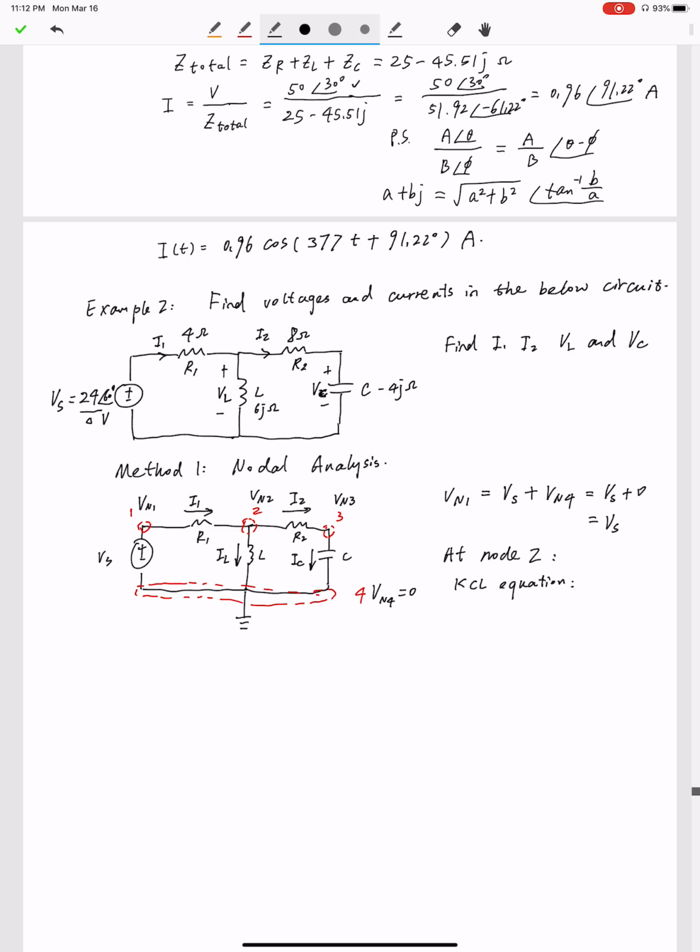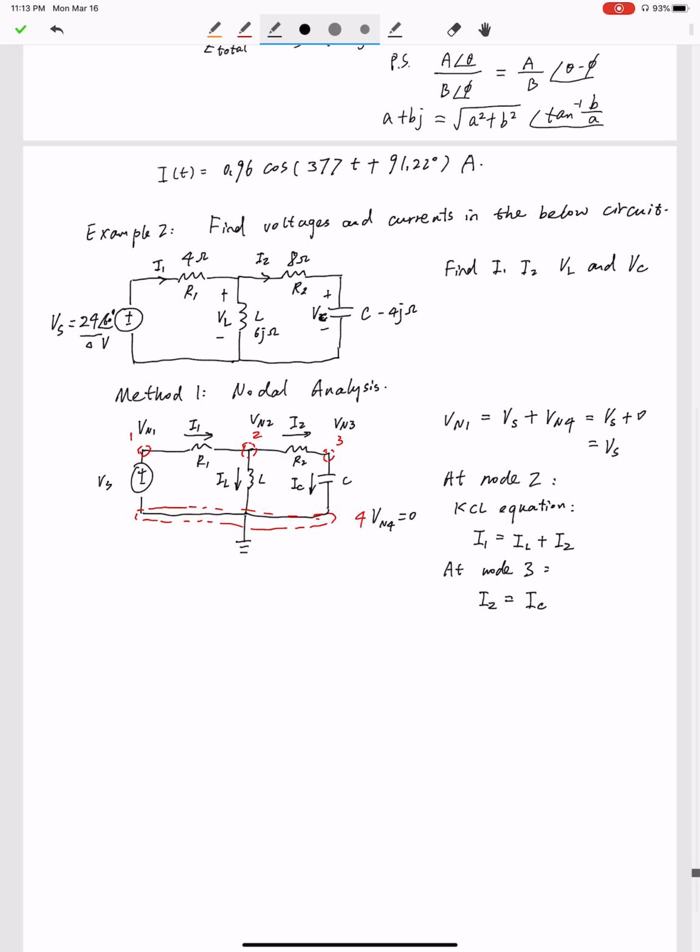For node 2, the only entering current is I1, and that equals the summation of leaving currents, IL plus I2, right? And at node 3, we can repeat this step. The entering current is I2, and the leaving current is IC.